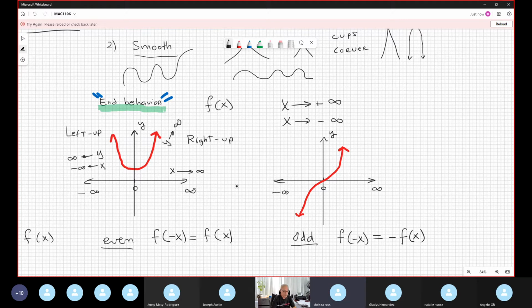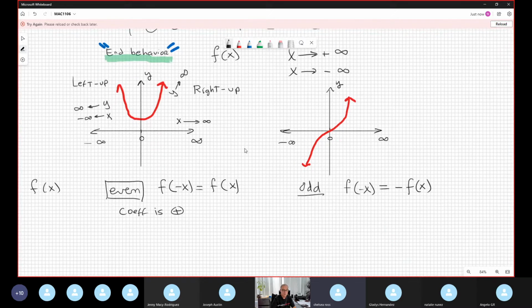That happens when it's even and the coefficient in front of the function is positive. If the coefficient is negative, well, it's okay. No problem. Let me use another color, maybe green, for negative.